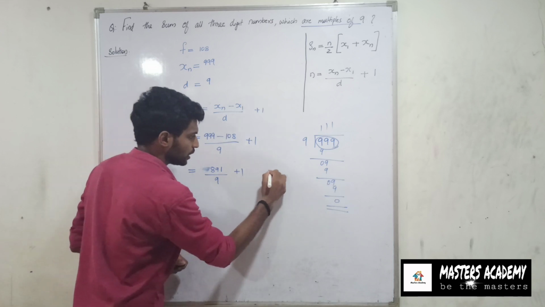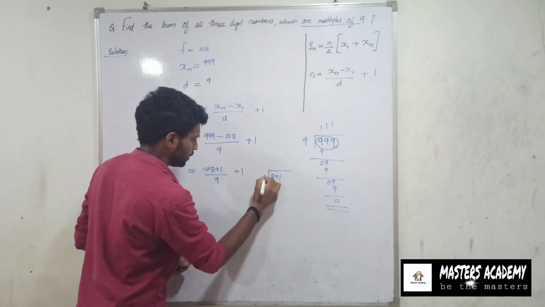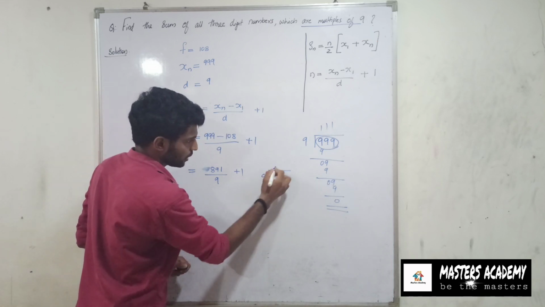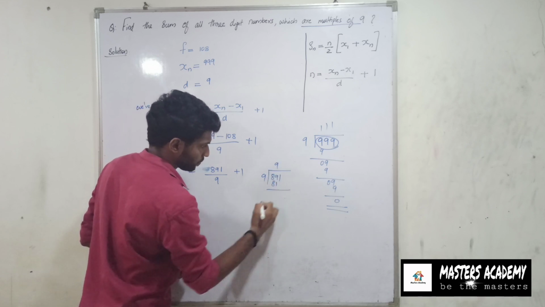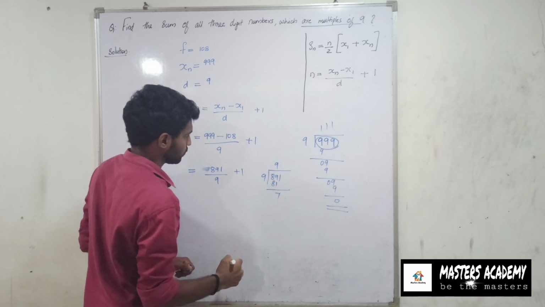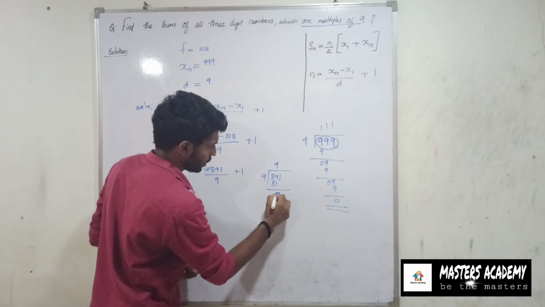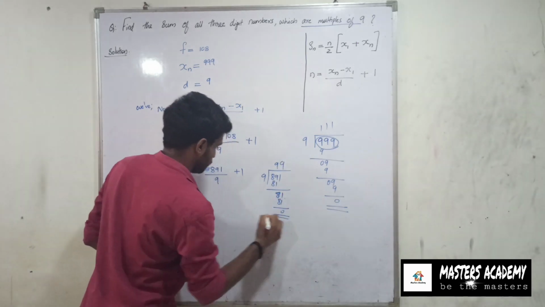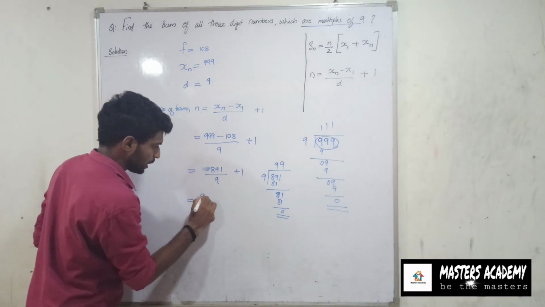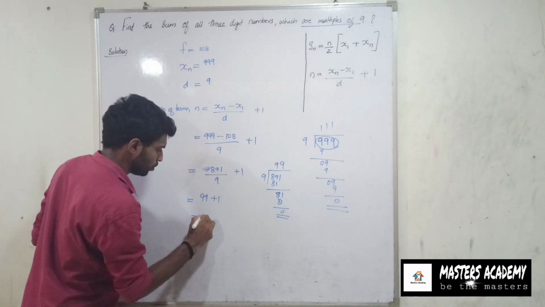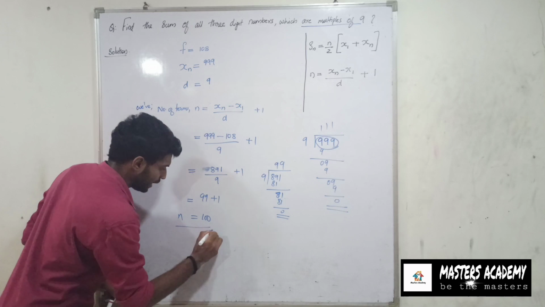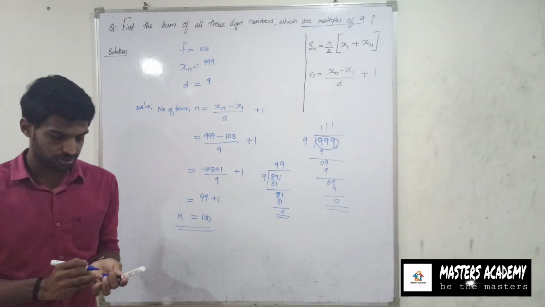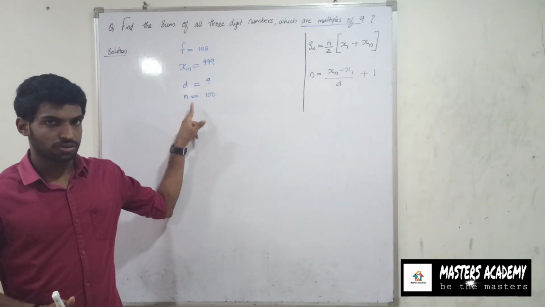If we divide 891 by 9: 9 times 9 is 81, subtract, 0; again 9 times 9 is 81, 0. So this becomes 99 plus 1 equals 100. So we got n, that is, the number of terms, as 100.